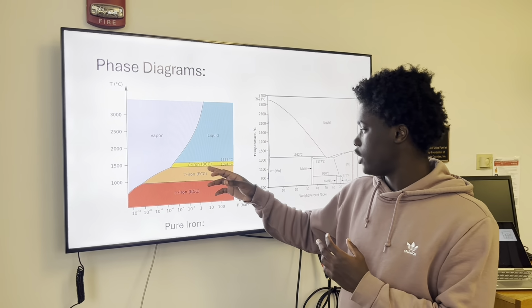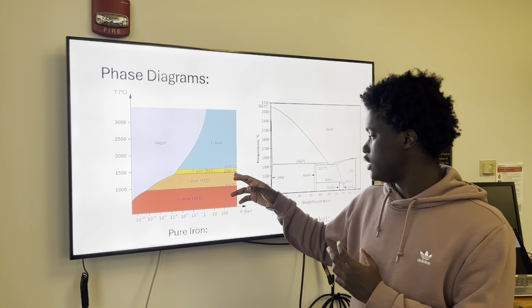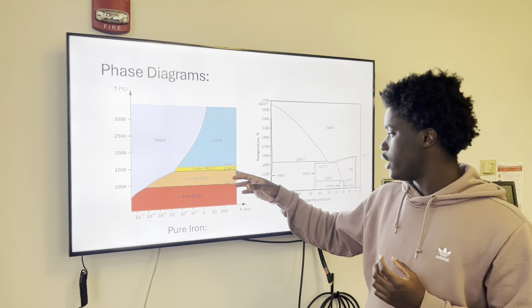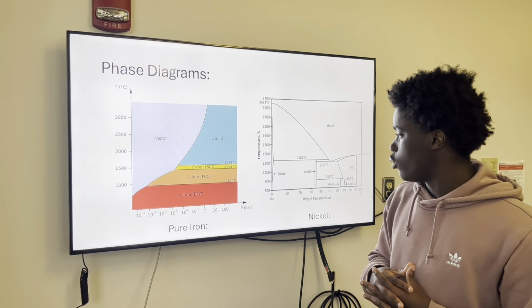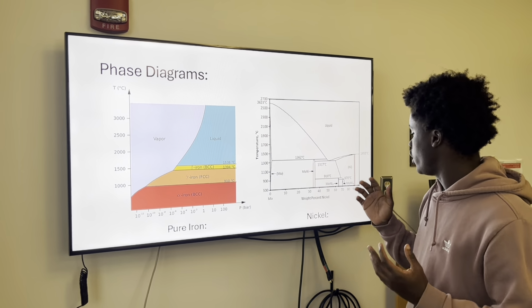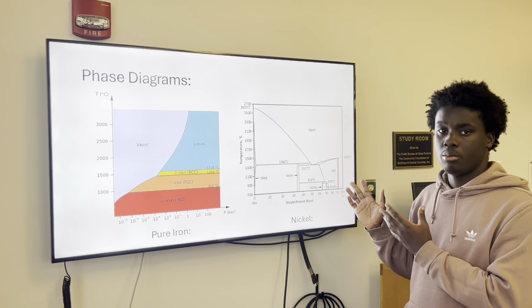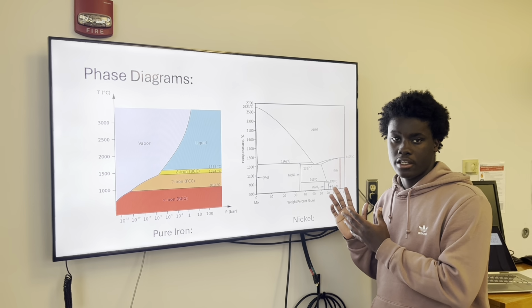And here we have the delta iron, which is also BCC, and we see that at a temperature of 1394 degrees Celsius.